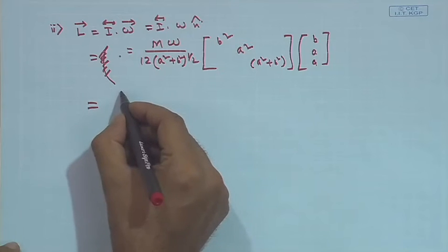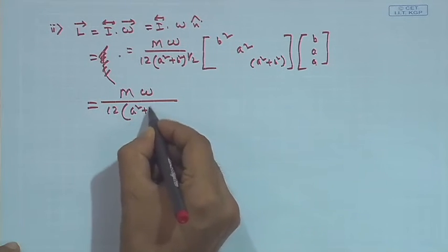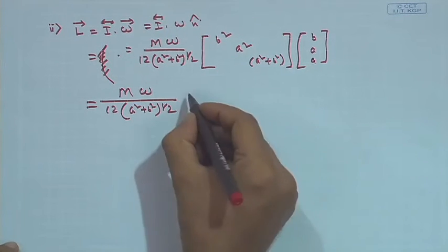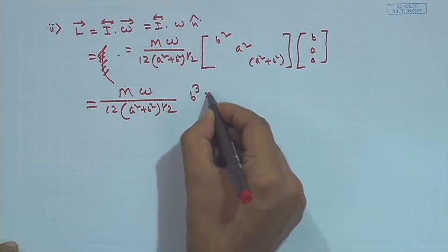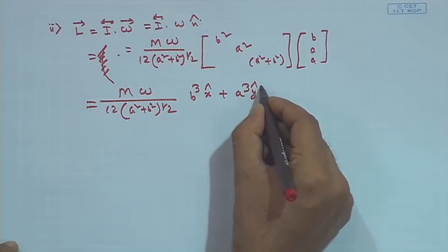So this will give you m omega by 12 a square plus b square to the power half, b cubed x cap plus a cubed y cap.